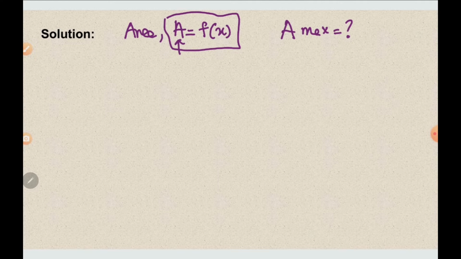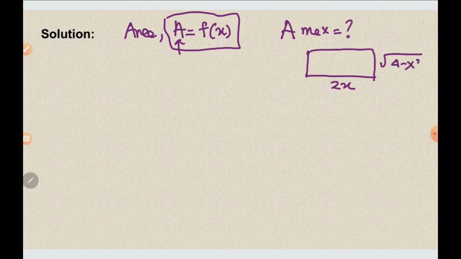Therefore you have to imagine the area of the rectangle. The length is 2x and the height is given as square root of 4 minus x squared. So the area of the rectangle can be written as 2x multiplied with square root of 4 minus x squared.